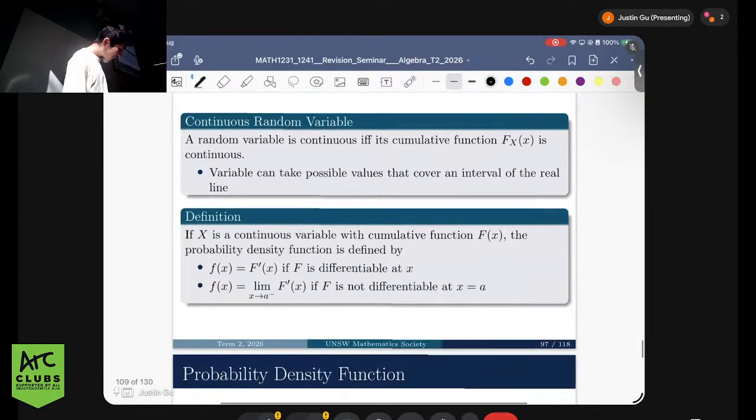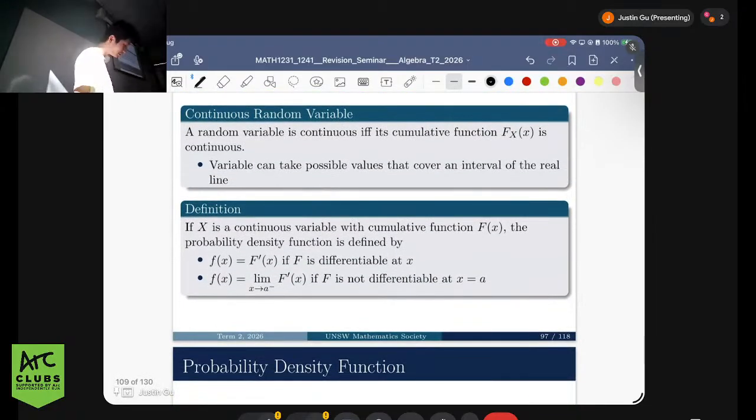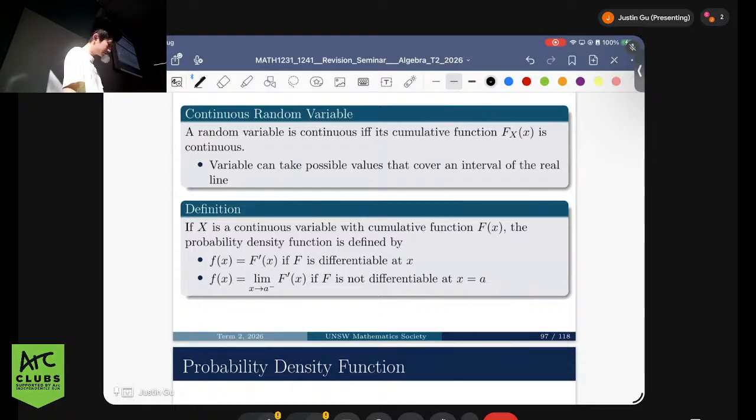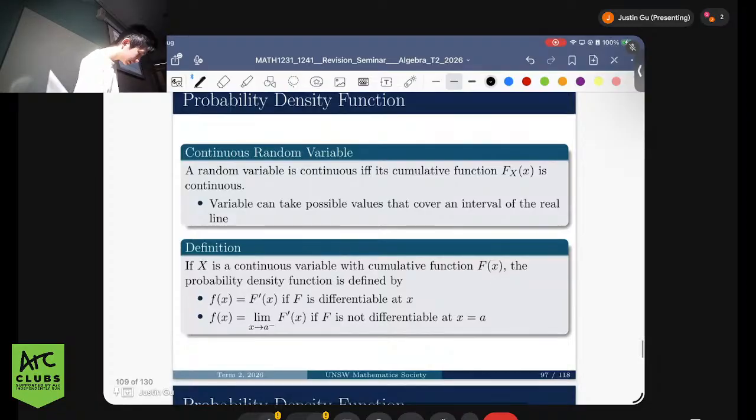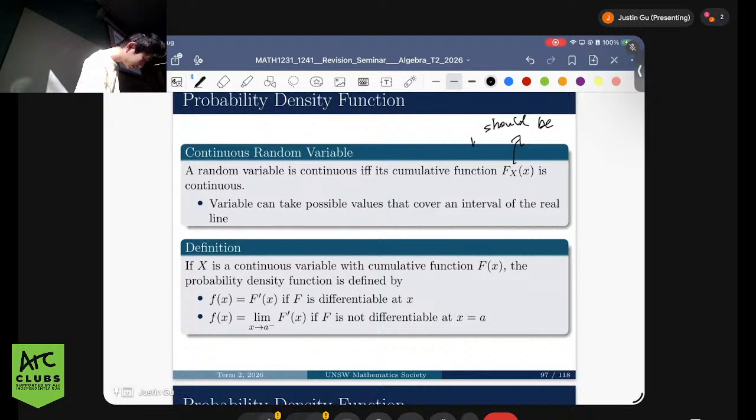So if X is a continuous random variable with cumulative function F(x), the probability density function is defined as its derivative if it's differentiable at that point, or the left limit of its derivative if it's not. The cumulative function should be non-decreasing and go from 0 to 1.